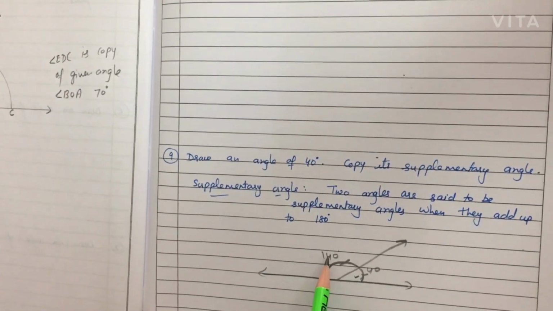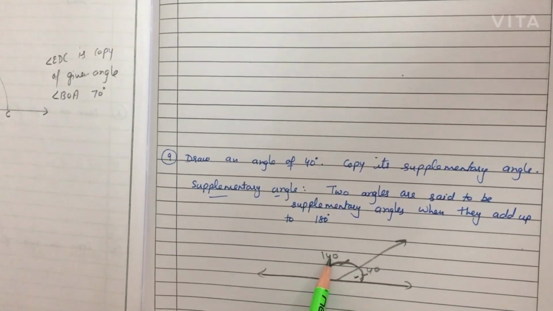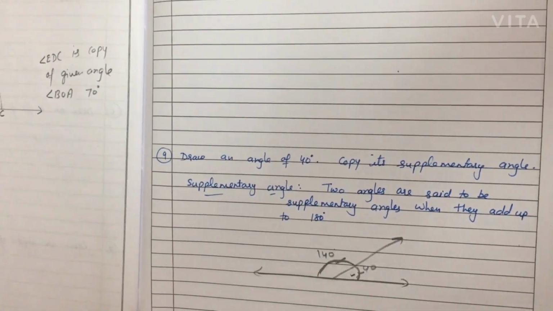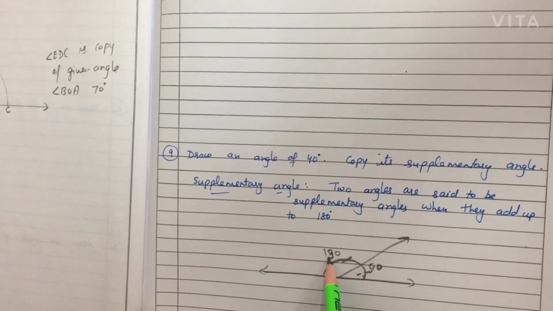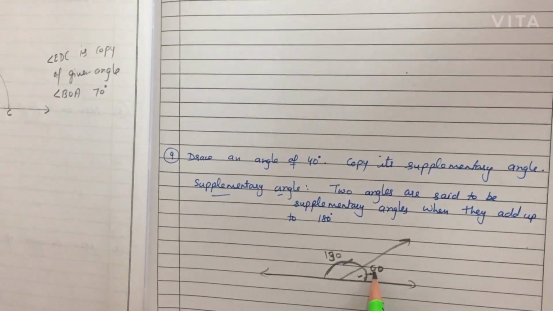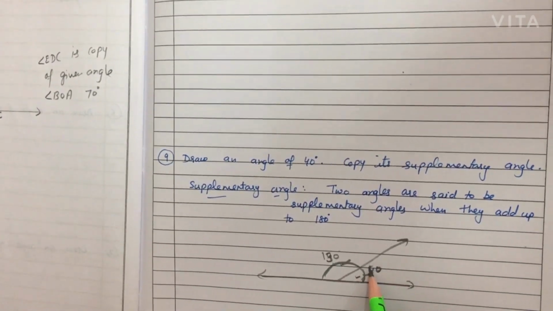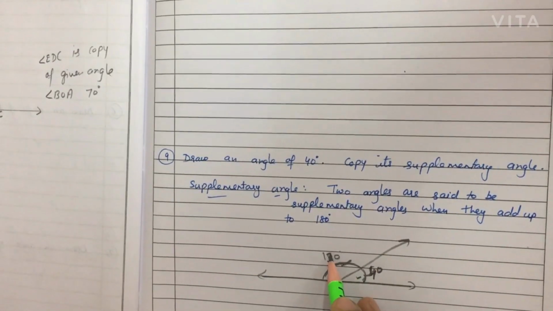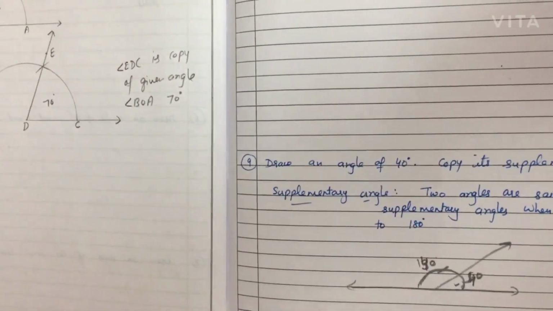So we can say 140 is the supplement of 40 and 40 is the supplement of 140 degrees. If I take 50 here, then 130 would be the supplement of 50 and 50 would be the supplement of 130. But we are here having 40 degrees. So 140 would be the supplement of the given angle.